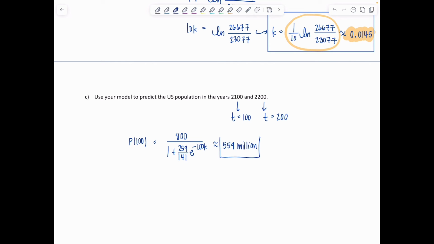And then P of 200, same thing, 800 over 1 plus 259 over 141 e to the negative 200k. And this is approximately 729 million. Okay, now obviously this model is limited because there's other factors to consider that are occurring in the US and globally that will affect the population growth.